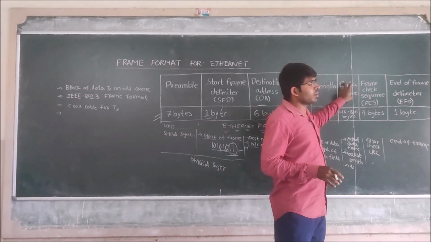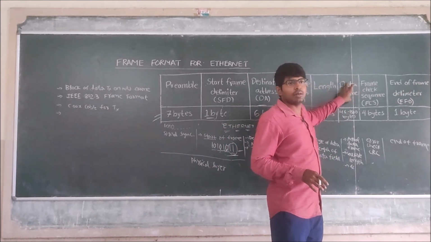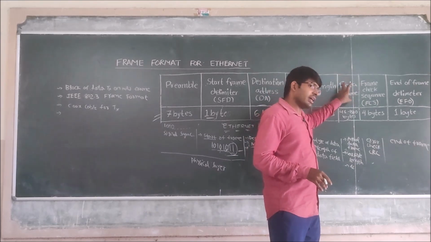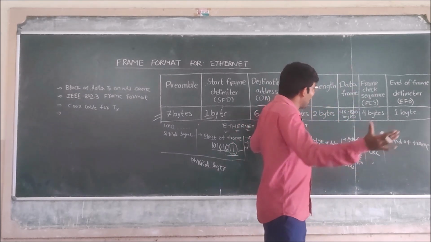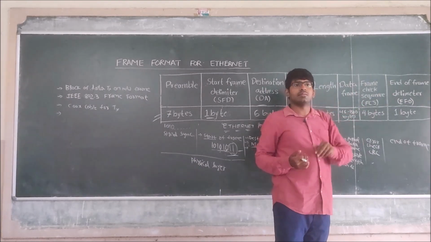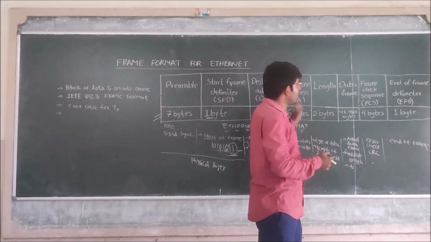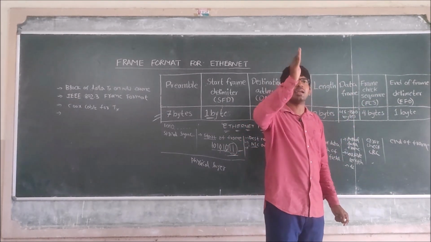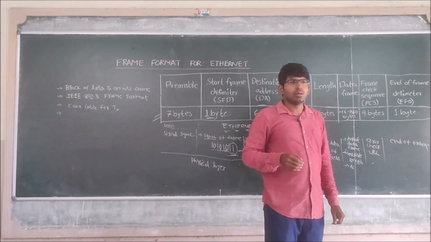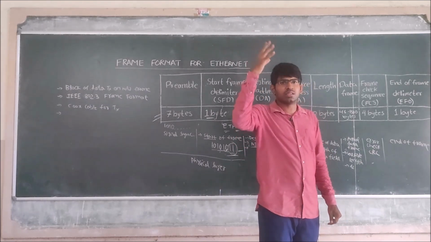Finally, the data is our original data. To send this data, we are adding all these fields. Why do we have to add all these? Because the data has to go correctly. This is how the engineers think.